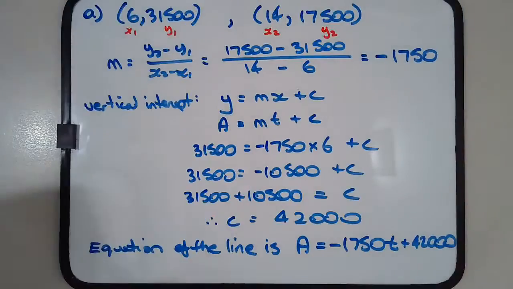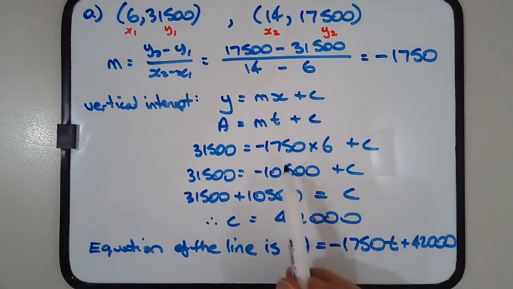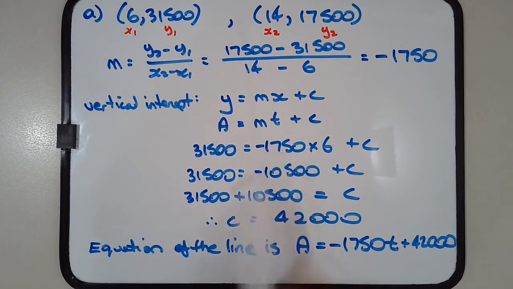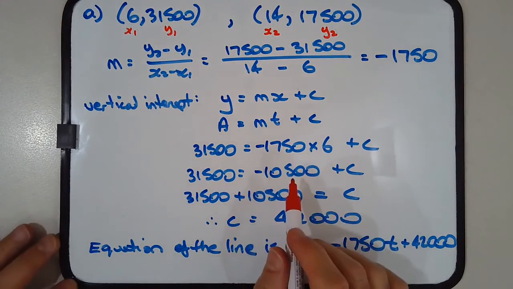The gradient basically represents the monthly payment, which is $1,750. So we're paying down the loan, and we're paying it down at the rate of $1,750 per month.